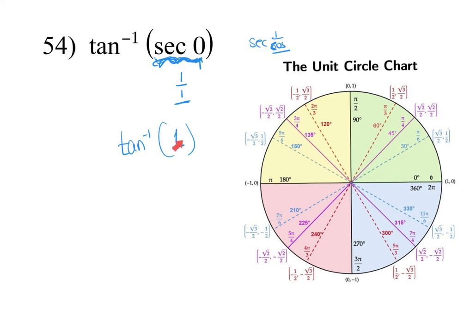Well, the only way you can have 1 for tangent, remember tangent is going to be your y value over your x value, all right? And the only way you can have a 1 is if they are the same, and there's only one angle that has the same x and y value, and that is pi over 4. So if I'm using my inverse tangent, I'm looking for the angle that gives me a tangent of 1, and so the angle would be pi over 4.